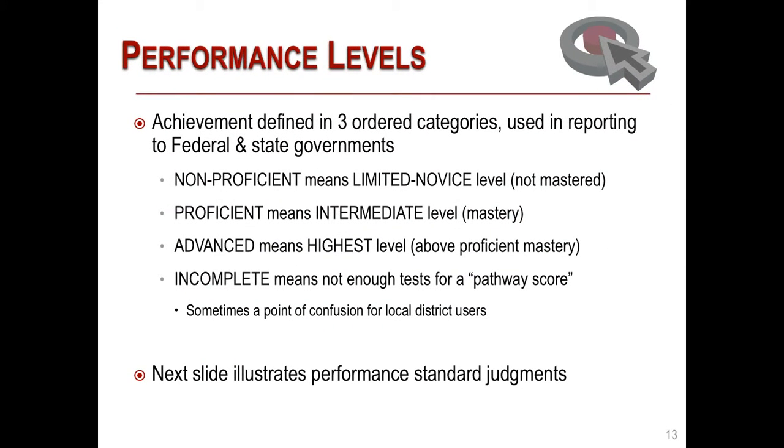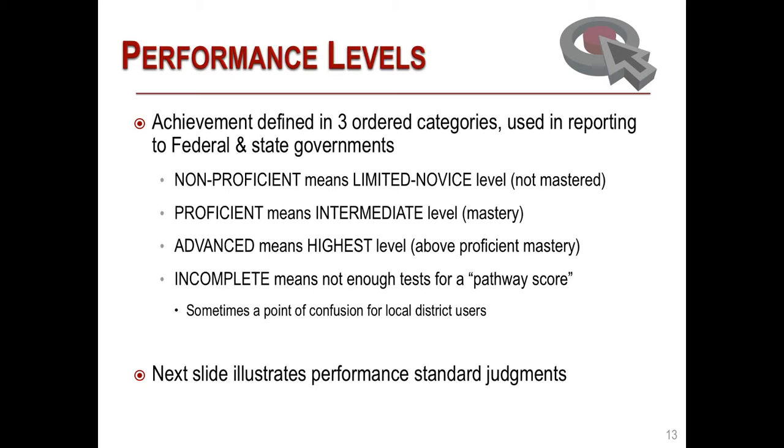In terms of the performance levels that we report, achievement is defined in 3 ordered categories and used in reporting to federal and state agencies. Non-proficient, or N, means limited or novice level, not mastered. Proficient means intermediate level and does indicate mastery or passing status.